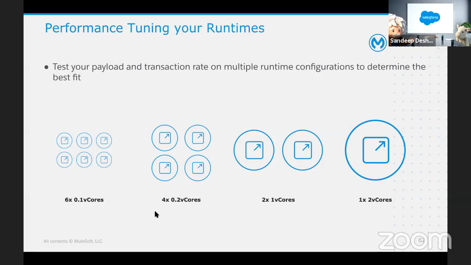You might even see better performance in cases where there are only 0.2 vCore workers deployed in 2 different regions compared to 2 vCore workers. So it really varies, and that's what our recommendation is as well: try to scale out the workers before scaling up.